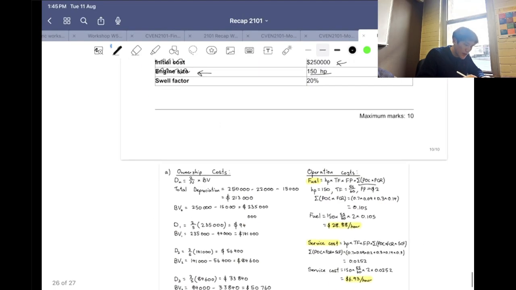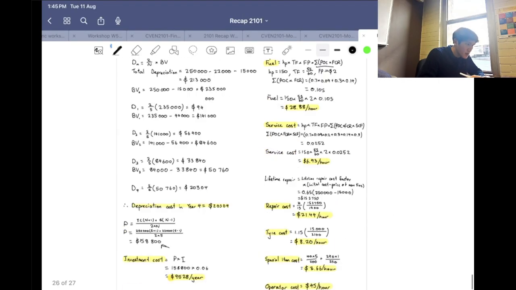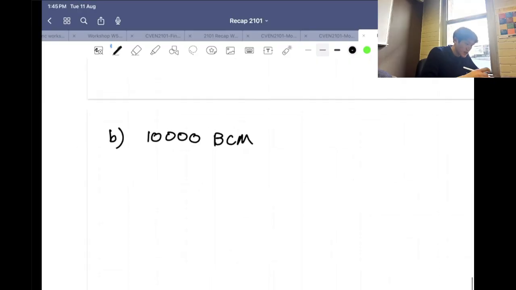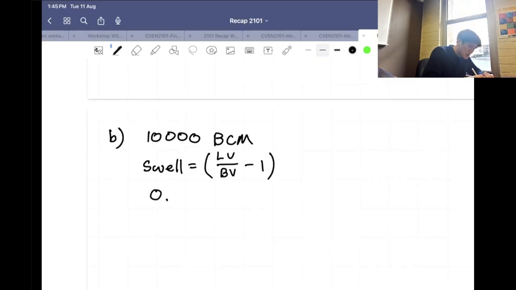We know that the swell factor is given to us as 20%. If we look back at the swell formula, swell is equal to loose volume over bank volume minus 1. So 0.2 is equal to the loose volume over the bank volume of 10,000 minus 1.